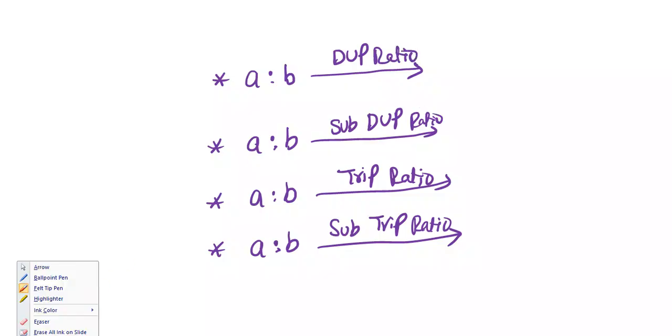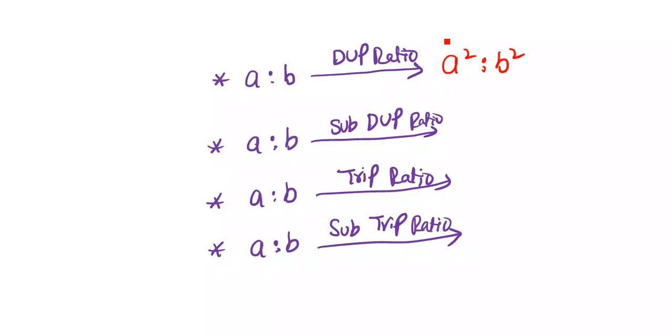Okay, the first point here: A is to B duplicate ratio is A square is to B square. For example, 5:7. Find out the duplicate ratio.